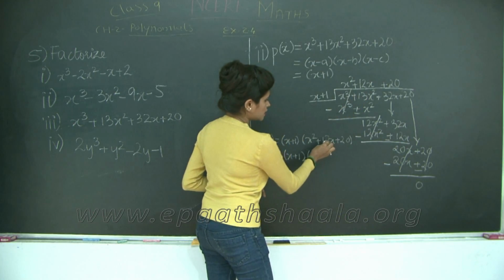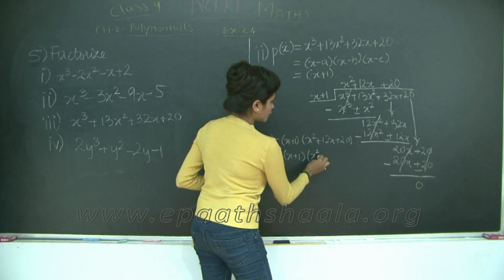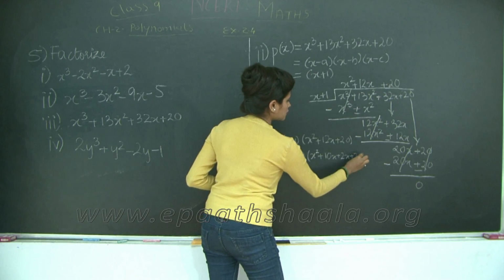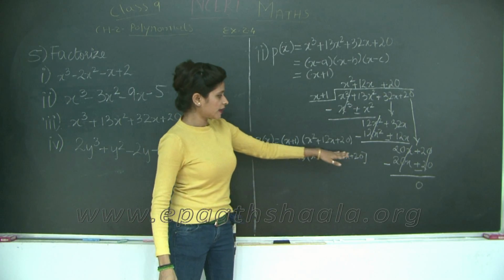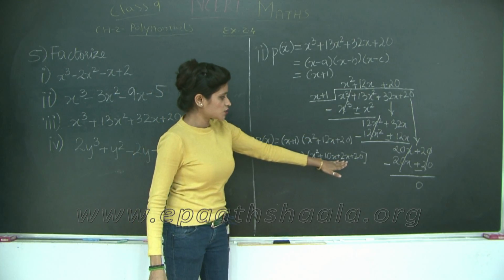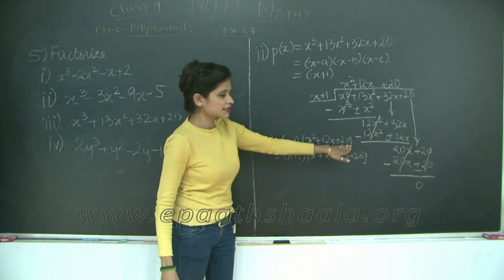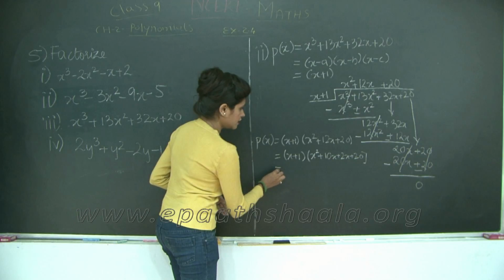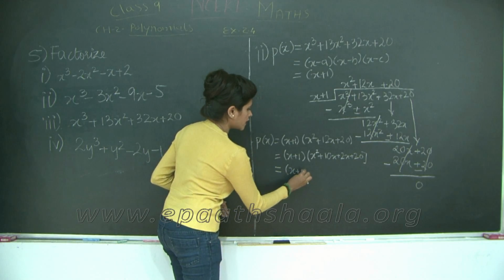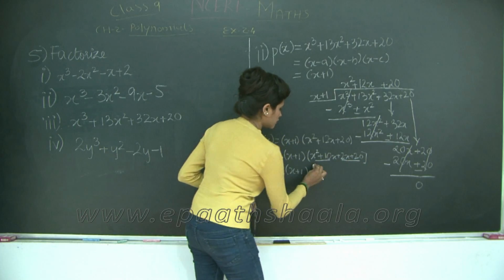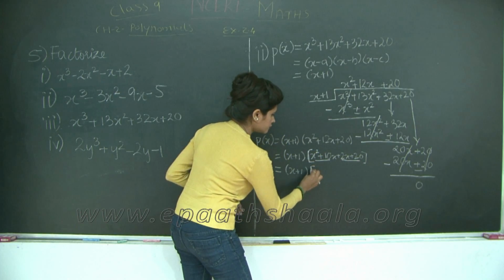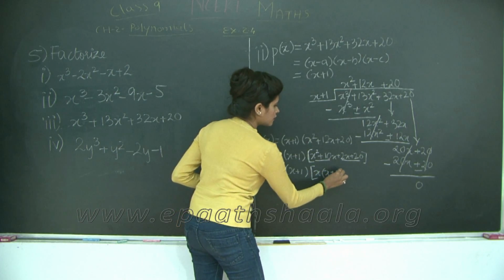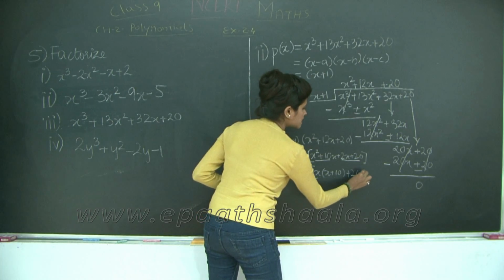We can split 12x into 10x plus 2x, because 10x plus 2x gives me 12x, and 10 into 2 gives me 20. So (x plus 1) into, I take x common from the first term, I am left with (x plus 10), plus 2 into (x plus 10).